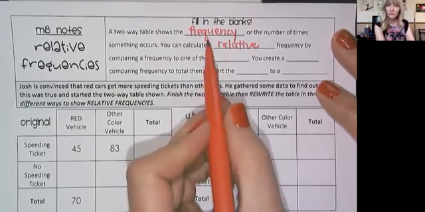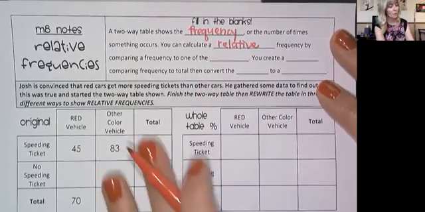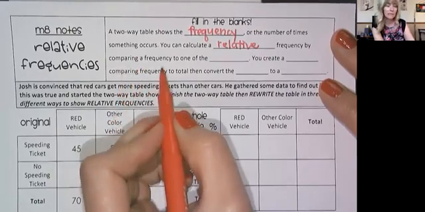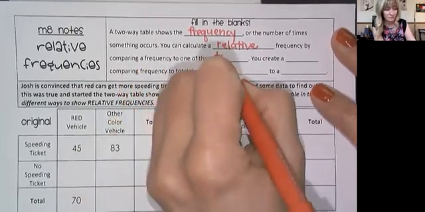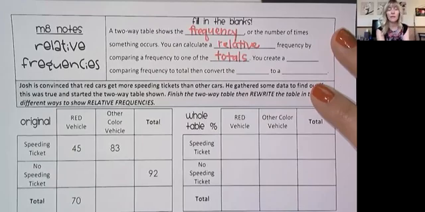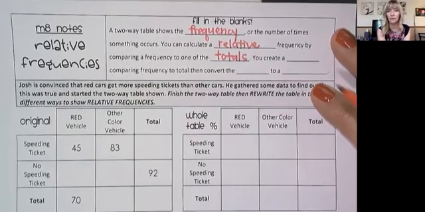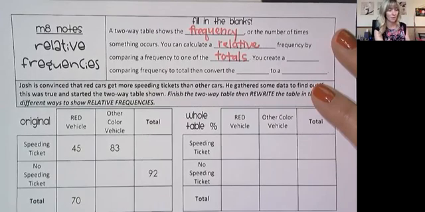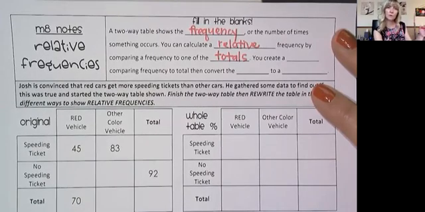So instead of just a frequency, how many people said that, we can calculate a relative frequency by comparing that frequency to one of the totals. And as we've seen in two-way tables, that's probably the trickiest part of this, because there are many totals in a two-way table. So the hardest part about this today is making sure you're looking at the correct total. And how does changing the total you're looking at change the meaning of what you find?